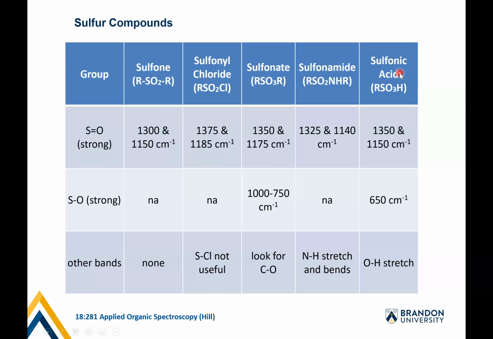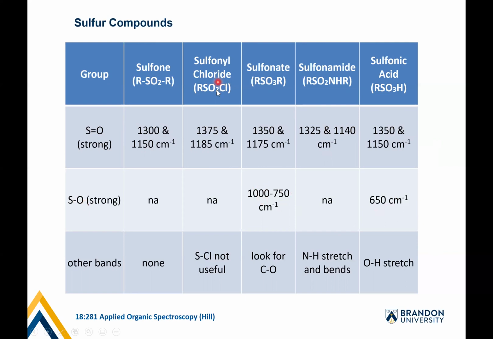The SO bonds will come in pairs because, of course, there's 2 of them. You'll notice that they're basically in the same regions as each other. What you can look for next is that if it's a sulfonate or a sulfonic acid, you could look for the SO single bond.